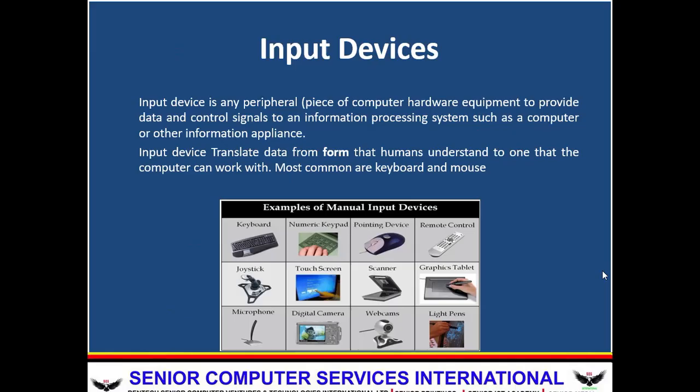So let's talk about input devices. We said input. Let's talk about input devices. An input device is any peripheral device. A peripheral device is a piece of hardware equipment that provides data and control signals to the processing unit, such as a mouse that is just attached.